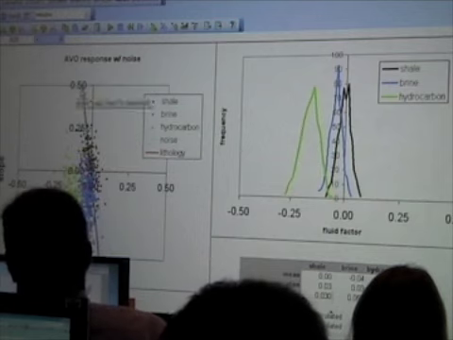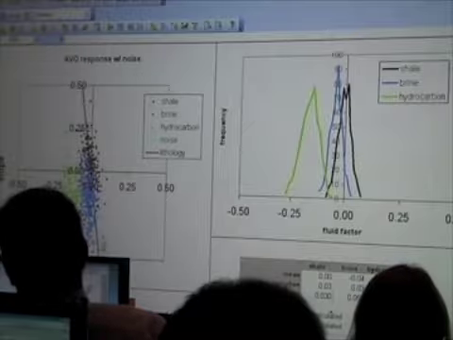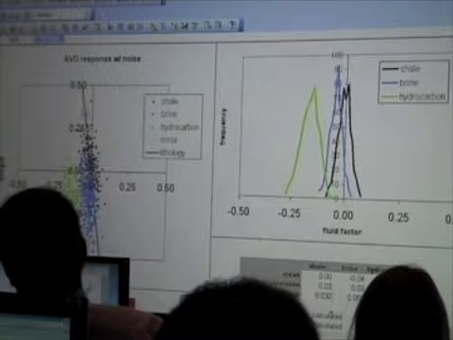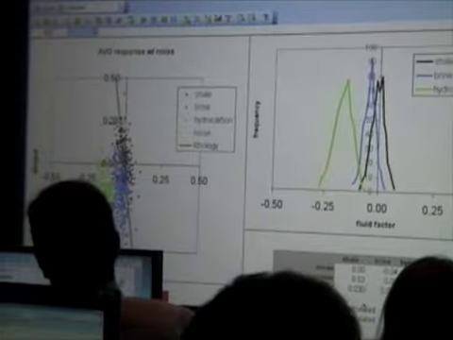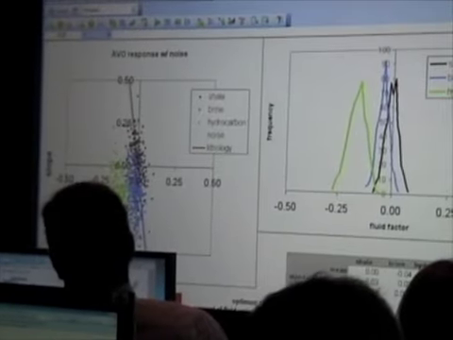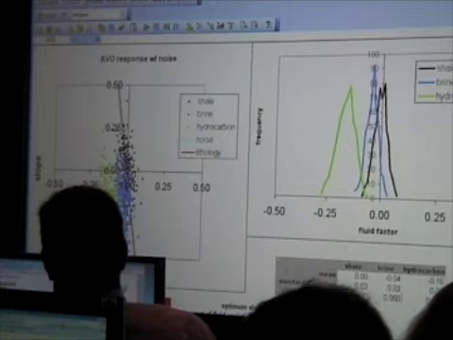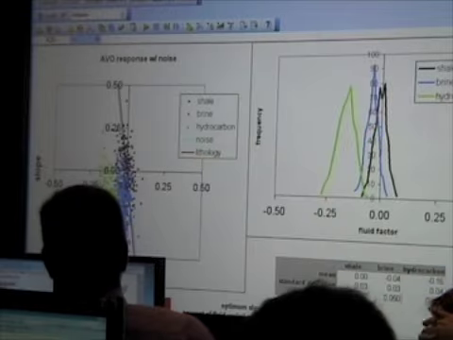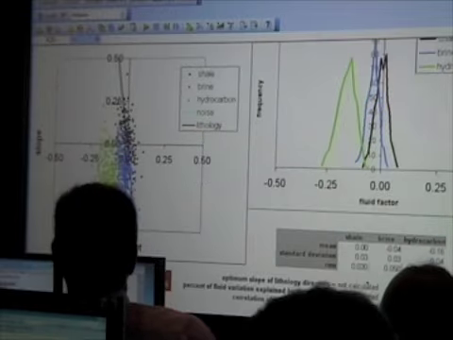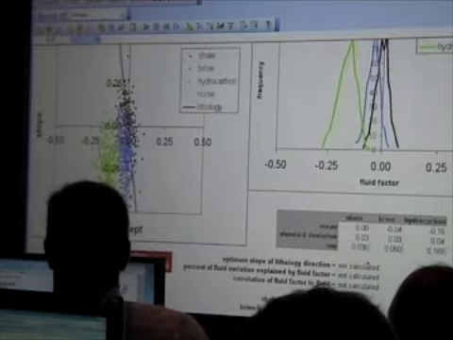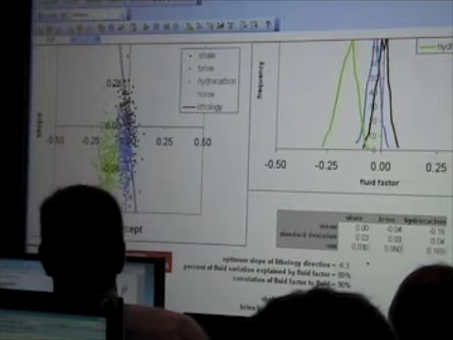As Dave talked about the other day, the background line is aligned along the shale reflector, and the normal to it ends up being the perpendicular direction. Also, what you see here is this lithology direction, and that is what was calculated when you pressed this red button that I asked you to.